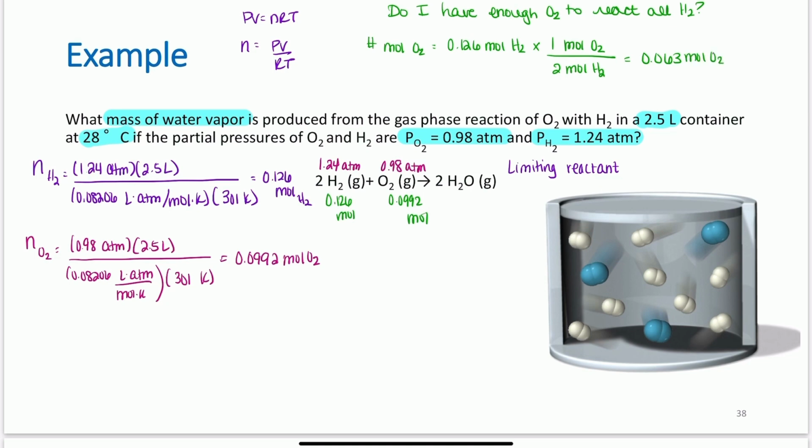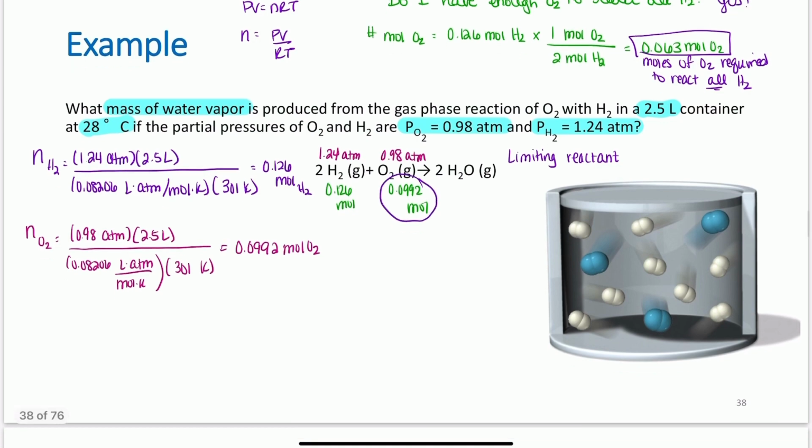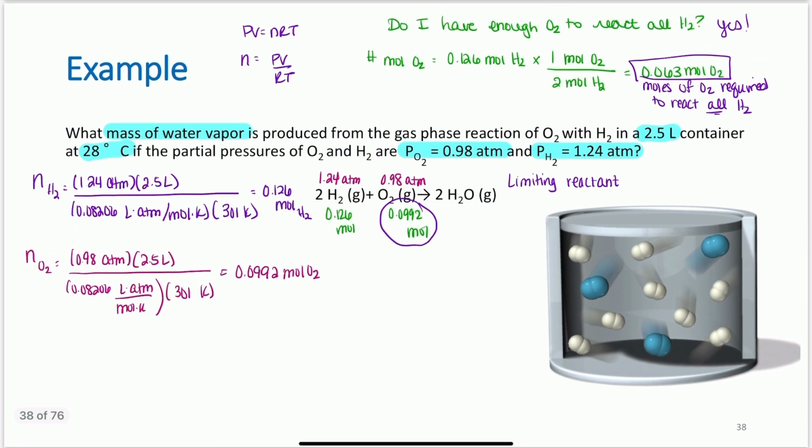This is the moles required to react all of my H2. Compare this number to what I've got. And the answer is yes, I have enough. That means that H2 is my limiting reactant.